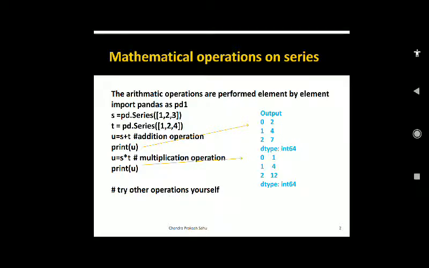So in this program a pandas series has been created, S, and the second series is T. Third line of this program is showing addition operation in two series and assigning the result to U. So U becomes the third series.